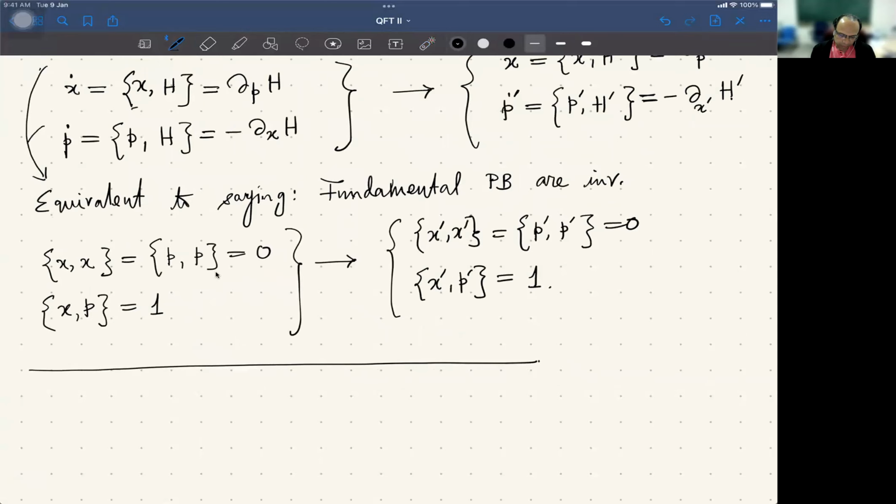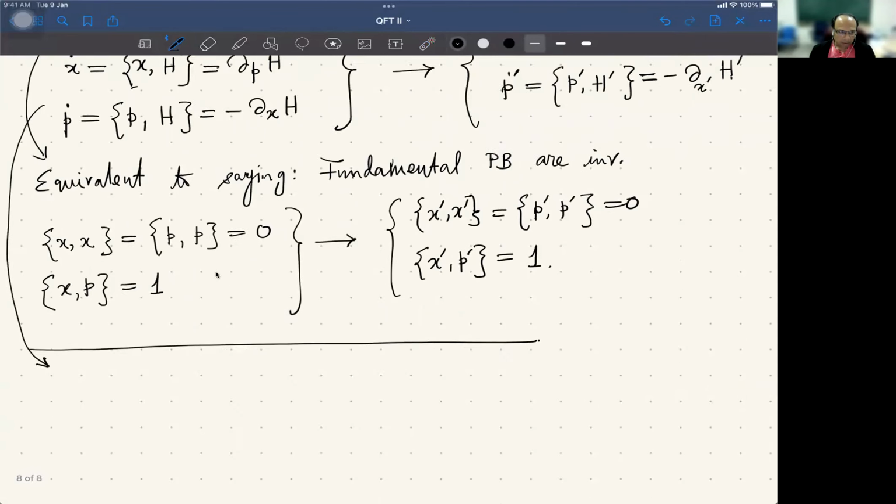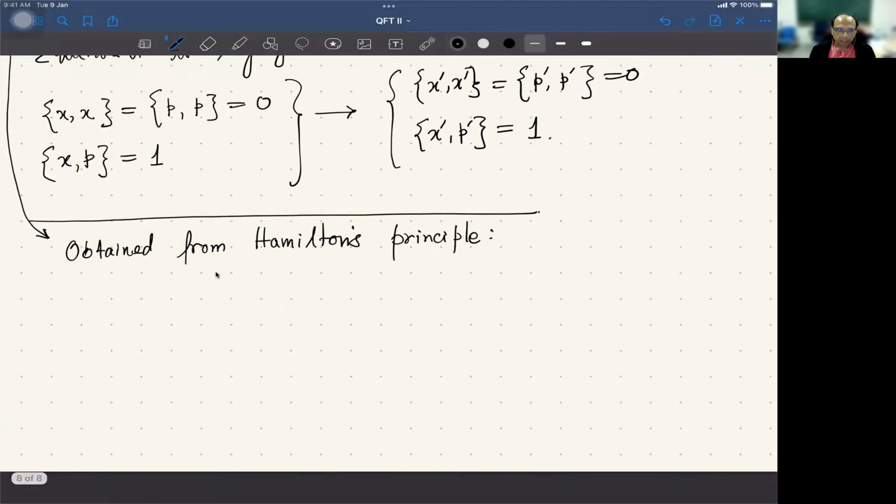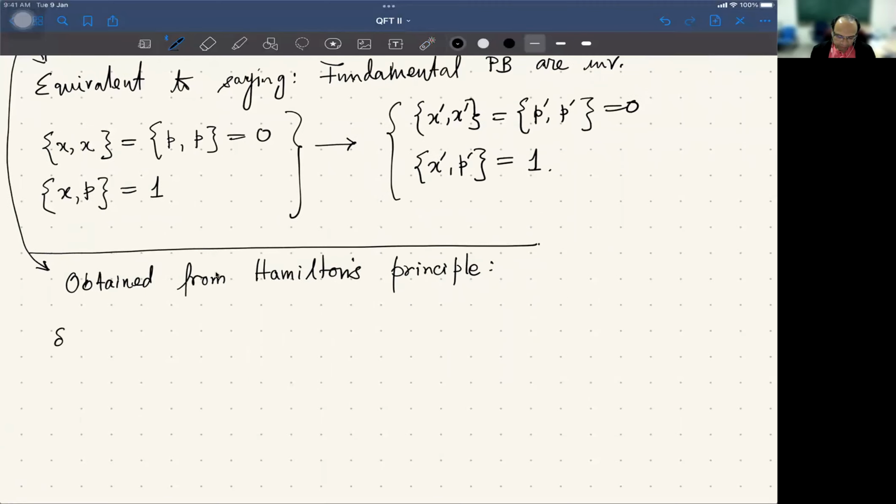These equations of motion are obtained from what is called Hamilton's principle, which says that the variation of the quantity integral dt from ti to tf of p x dot minus h(x, p, t) is equal to 0.